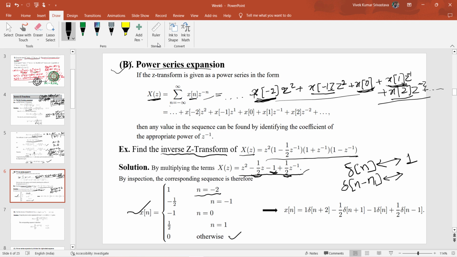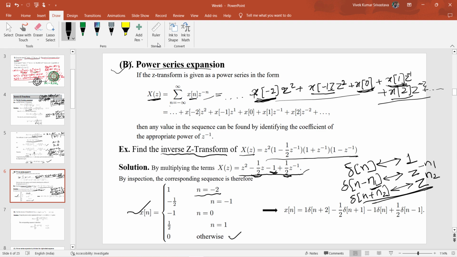For this kind of signal the z transform is z raised to the power minus n1. This is known as delaying, whereas advance is defined as n2, let us say, so this will be equal to z raised to the power n2. By using this property we can easily determine the inverse z transform.